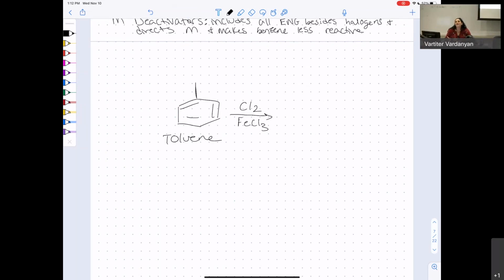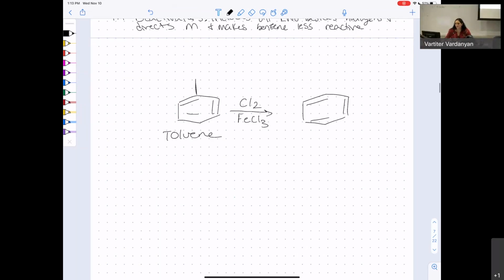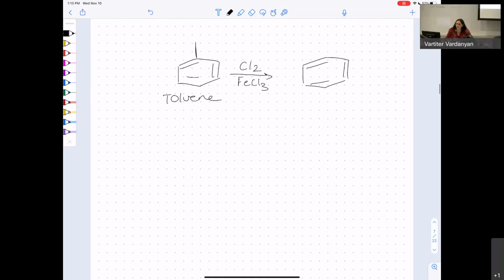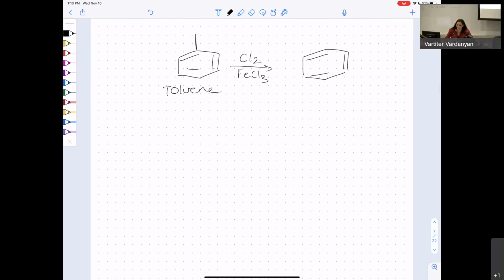So what is FeCl3? It's a Lewis acid catalyst. Heck yeah. Okay, cool. So when we do that, we're going to end up with a chlorine added to what position? Ortho or para? Cool. So I'm going to draw two possible answers. We can have the ortho product, or we can have the para product.